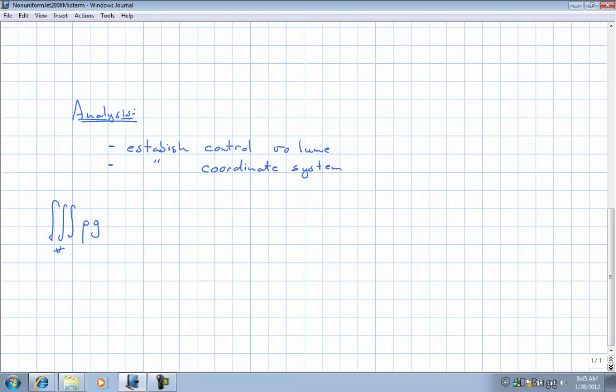So we have density times g times dV, that's the body force, minus pressure forces on the surface, so P n dA over the surface, plus viscous forces, plus reaction force. So those are all the forces on the left-hand side of the equation, and those give rise, potentially, to some rate of change of the momentum in the control volume.